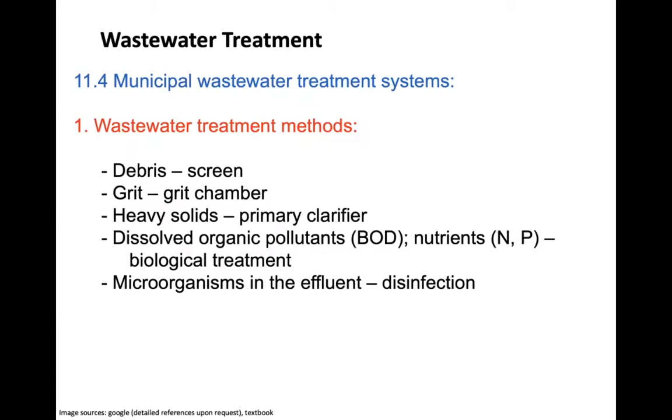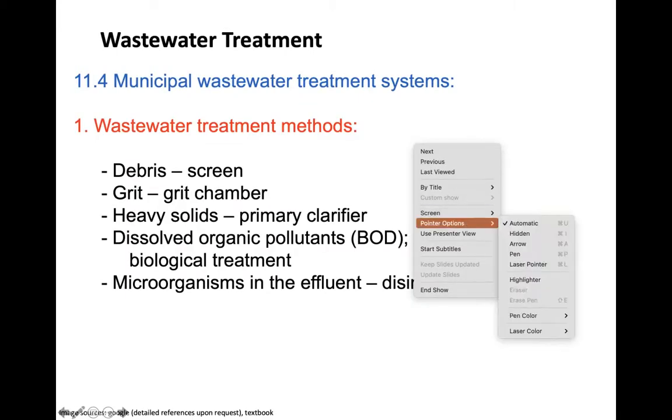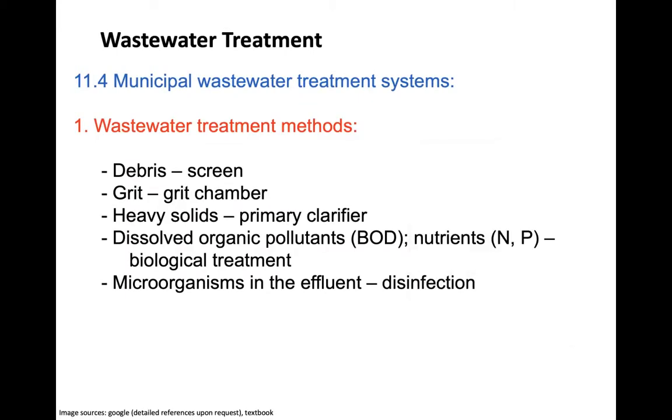Right. So for example, if we want to remove very large debris, we're going to use the screen. So basically the bar screen that can block these larger chunks of contaminants, let's say wood or larger pieces of equipment. So after these larger solids are removed, there are particles or solids that exist in the medium size range.